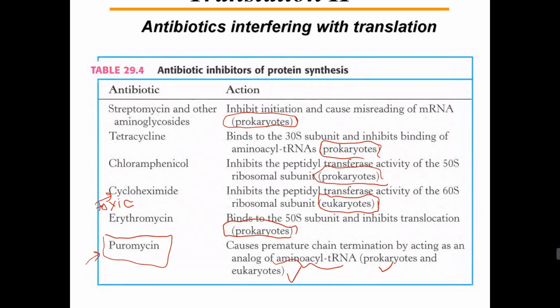Okay, so again, this table is just for your reference, but we can see the different ways these antibiotics can affect ribosomal activity, and some of them being very specific for prokaryotes and eukaryotes. But we're going to focus in on the ability of puromycin to actually cause premature chain termination by acting as an analog of the aminoacyl tRNA.